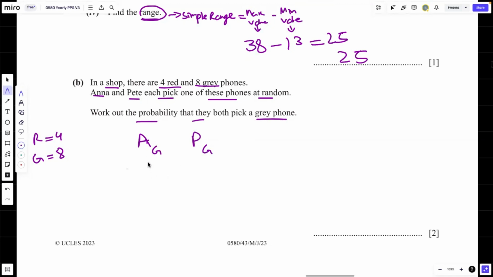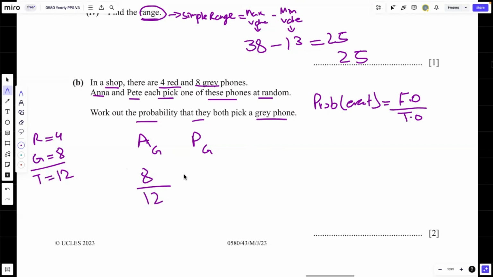So let's say Anna goes first and she picks up a gray phone. What should be the probability for that? We use the basic probability formula of any event: favorable outcomes over total outcomes. The favorable number of phones, gray, is 8, and the total number of phones is 12.